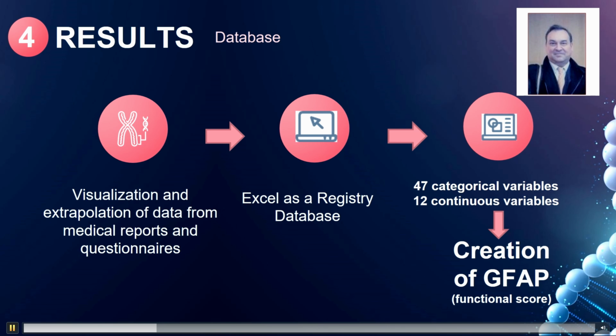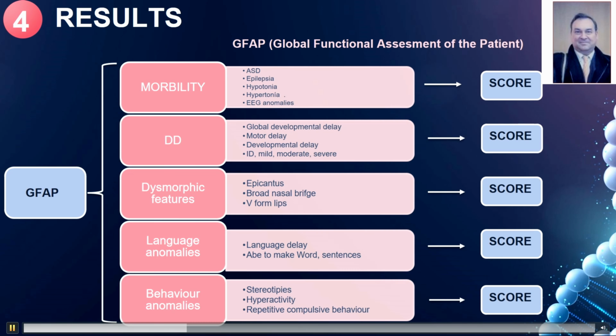We started with the visualization and extrapolation of data from medical reports and questionnaires, getting to an Excel file for working as a registry database, including almost 60 variables. We have to highlight one of them, the creation of GFAP, the Global Functional Assessment of the Patient. It's a functional score that we described and validated statistically to get comparison between different patients.